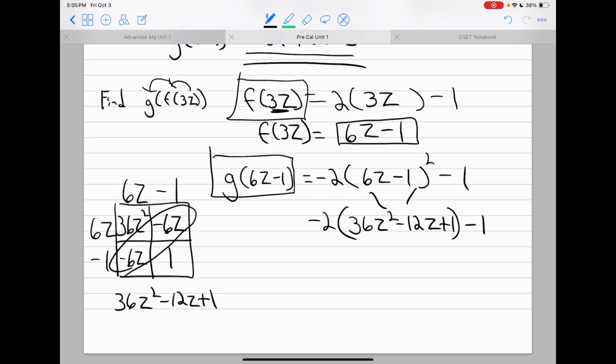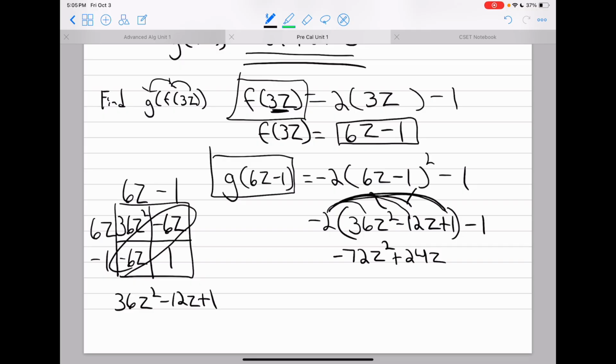I'm going to continue to do this. So now I have to distribute this negative 2 through. Negative 2 times 36z squared, so what's that? Negative 72z squared. Negative 2 times negative 12 is plus 24z.